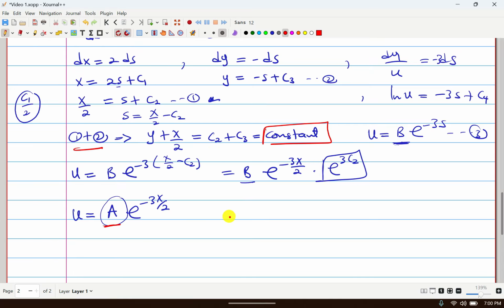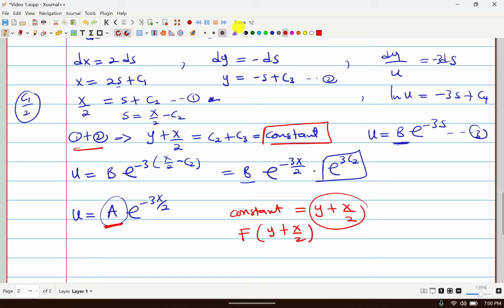Here, the constant in this problem is y plus x over 2. So it's not just a constant, it's an arbitrary function of this form. We're going to call it f of y plus x over 2, and that is the constant we are looking at.